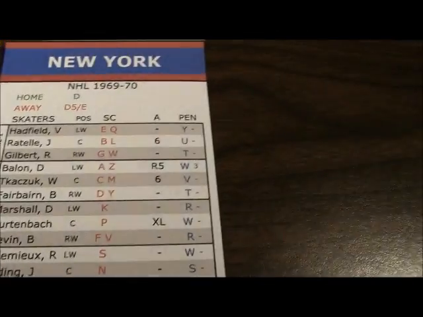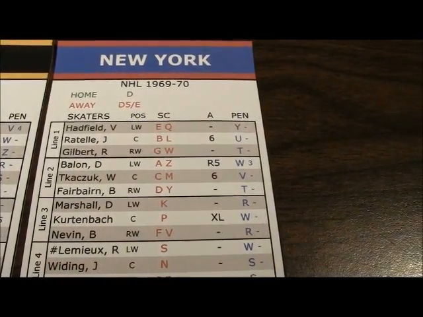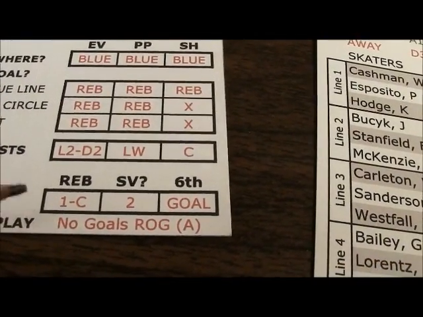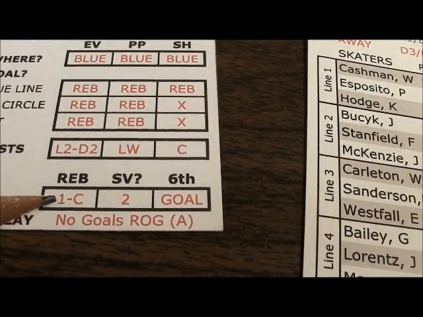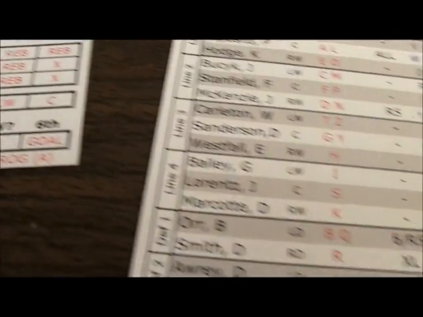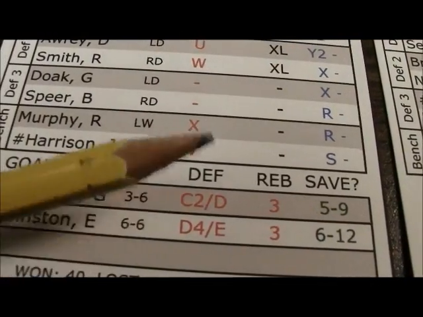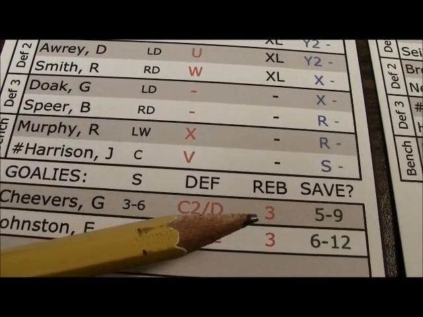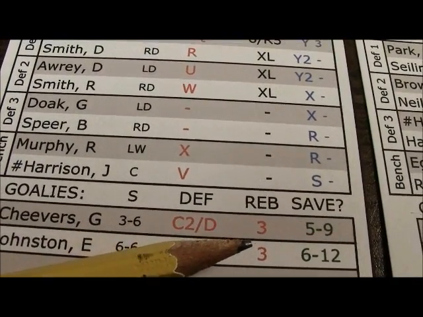So again, we'll say Fairburn scored a goal, and we'll pick another action card, see what we come up with here. So in this case, the 1 to 6 number is a 1, and that falls within Cheever's rebound range of 1 to 3. So Cheevers has made the save on that play, and that play sequence is over.